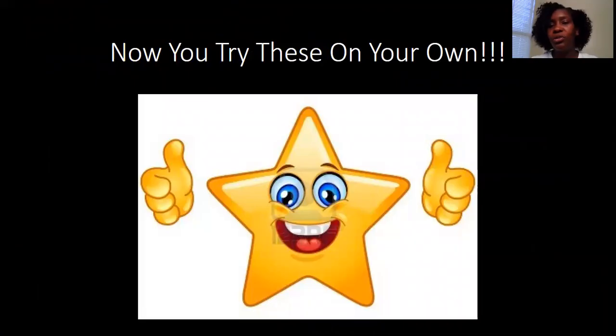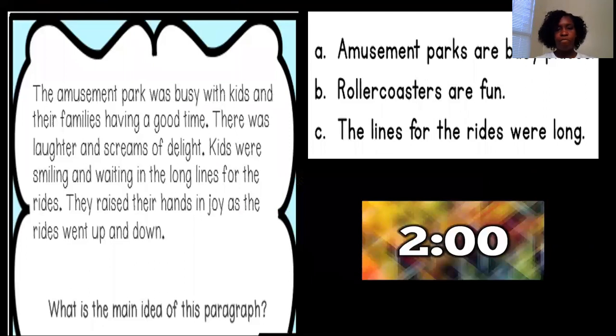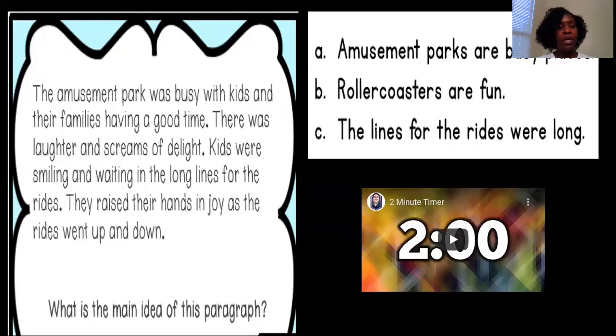Now, you are going to try a few on your own. So I'm going to set the timer, and I'm going to give you time to read, and then we're going to come back together and discuss the answers. All right, so I'm going to set a timer for two minutes for you to read this little short paragraph, and I need you to identify for me the main idea. And here we go.